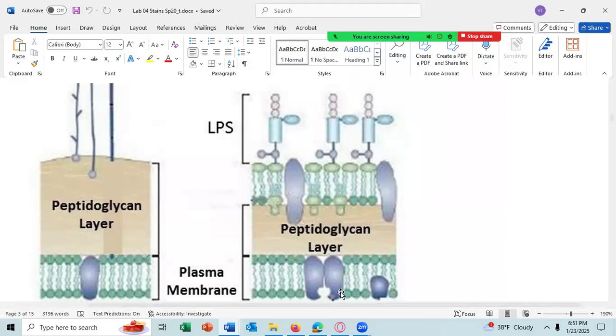And in fact, the majority of the molecules are the same. The main molecule in both is the phospholipid molecule, the main molecule of the cell membrane, and the main molecule of the outer membrane.